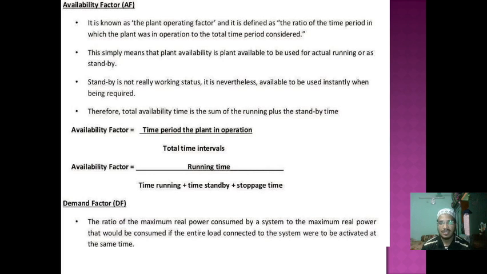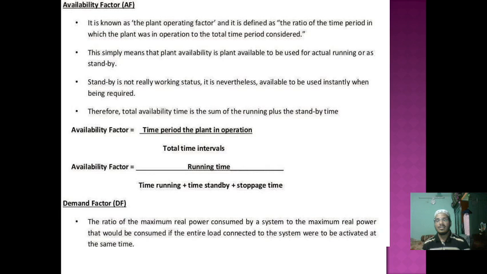Not exactly the 300 kilowatts will be available. If we are finding the accurate value, we can proceed with the help of the availability factor formula, terms and conditions.